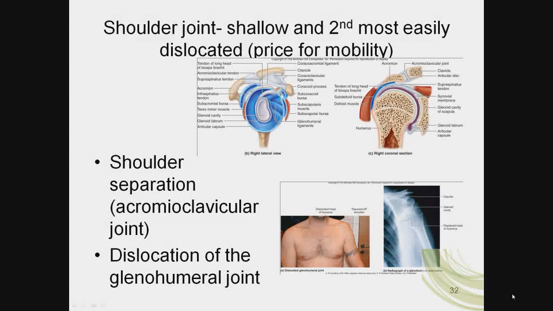They are more common at the acromioclavicular joint or the glenohumeral joint. The term shoulder separation refers to a dislocation of the acromioclavicular joint. This injury often results from a hard blow to the joint, as when a hockey player is slammed into the boards, for those of you who play hockey, or one falls onto the shoulder.